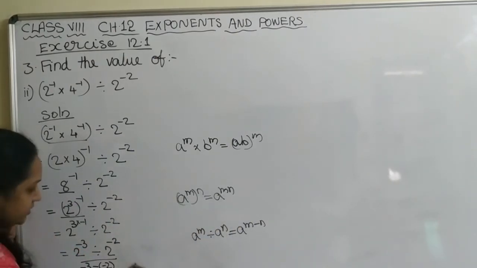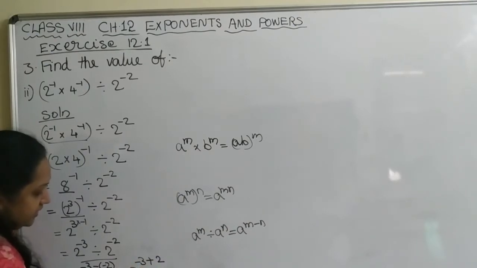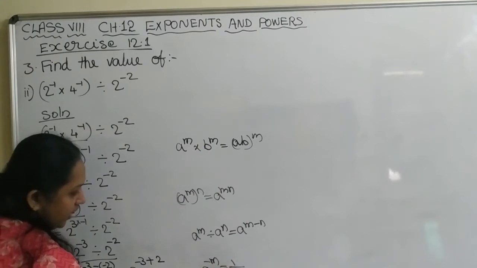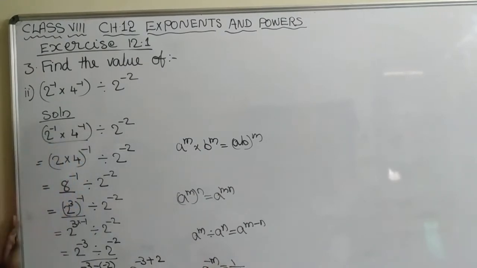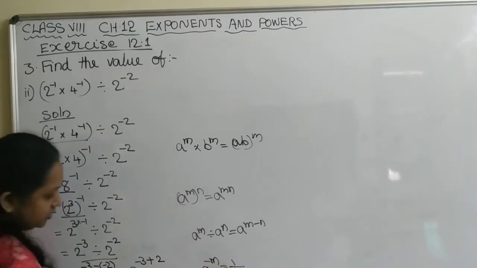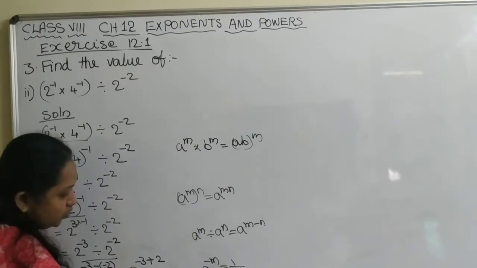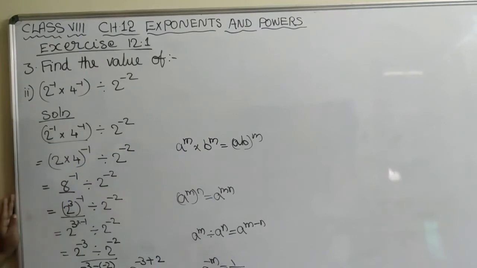So 2 raised to minus 3 plus 2, which gives 2 raised to minus 1. That can be written as a raised to minus m equal to 1 upon a raised to m. So we can write 1 upon 2 raised to 1, which gives 1 upon 2, which is the answer.